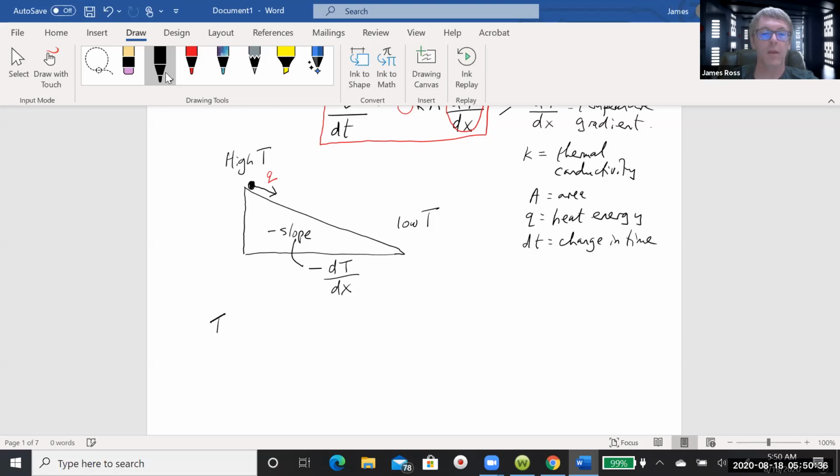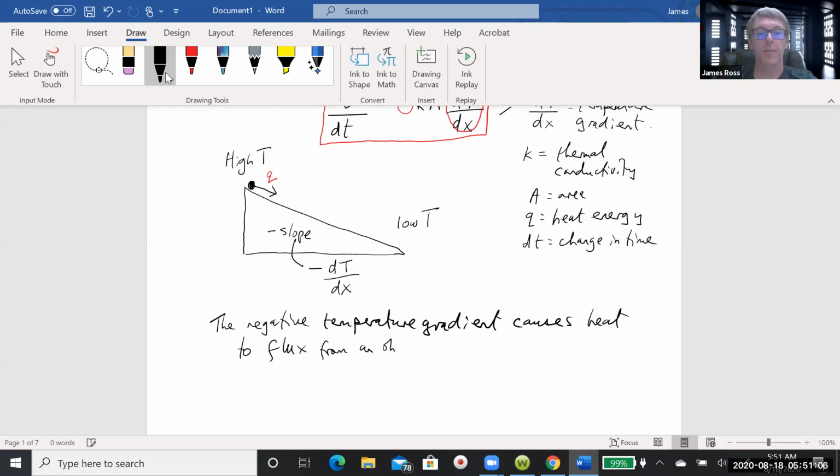So we can say the negative temperature gradient causes heat to flux from an object at higher temperature toward an object at lower temperature.